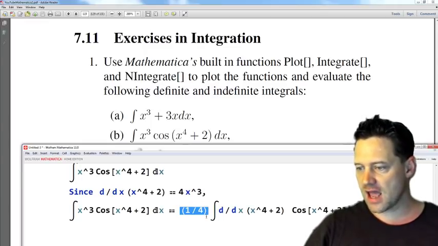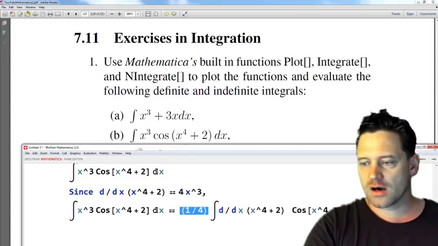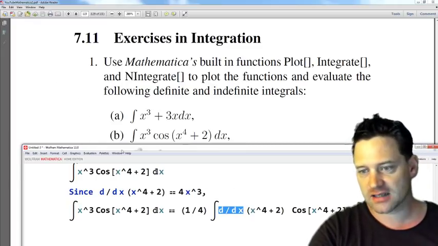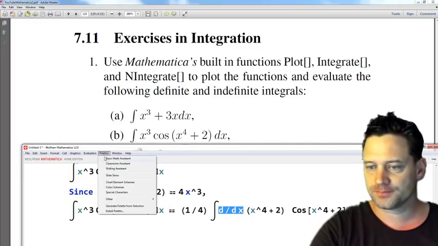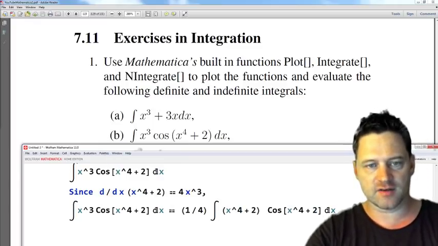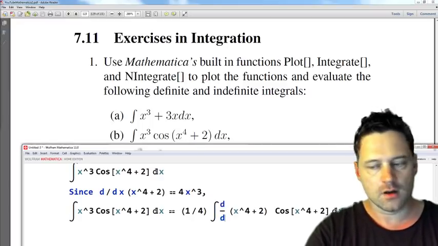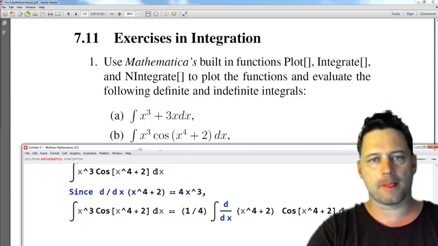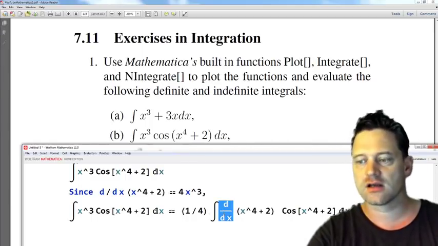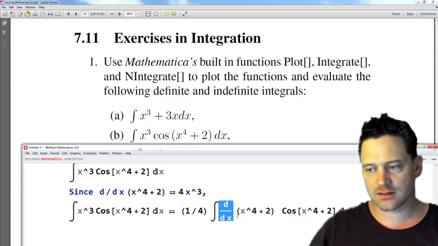All right, now that we have that, this notation here is not ideal, so let's open up the palette again, and I'll enter a fraction just so it looks better for us. Okay, so d on dx. Now, you have to be really careful because these are not fractions. This says take the derivative of something with respect to x.